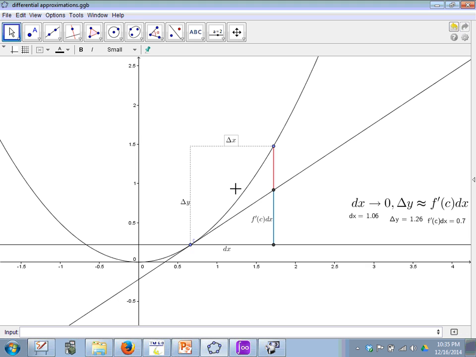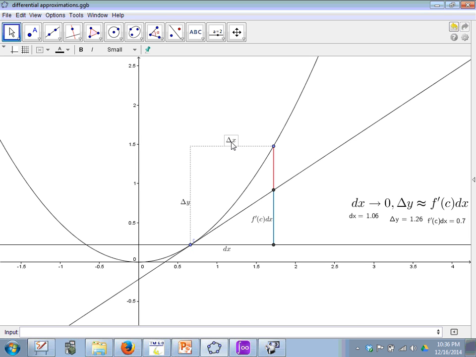If you know where point C is, you just subtract two numerical values. So rather than finding delta y, sometimes it's easier to consider the tangent line at point C. I've got the tangent line right here. This line is tangent to the graph at point C.